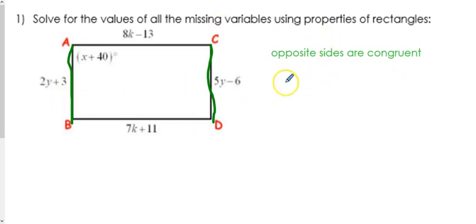So we're going to have 2y plus 3 equals 5y minus 6. And I'm actually going to use it to find k. But let's find y first. Okay, so I'm going to subtract 2y from both sides.